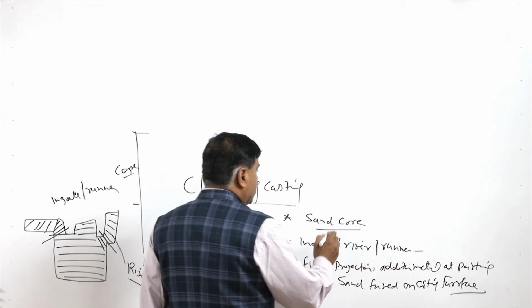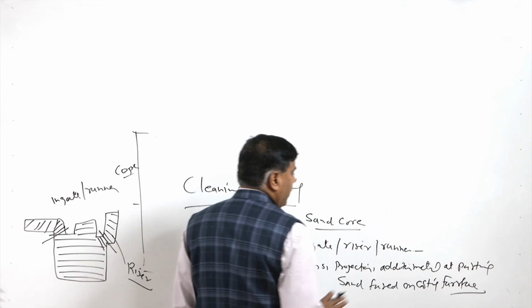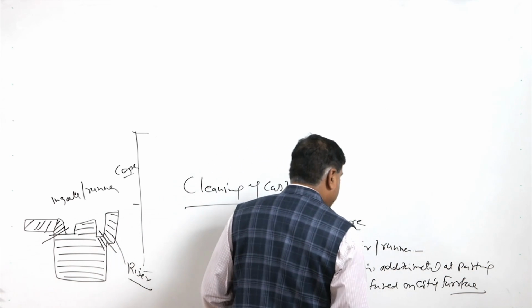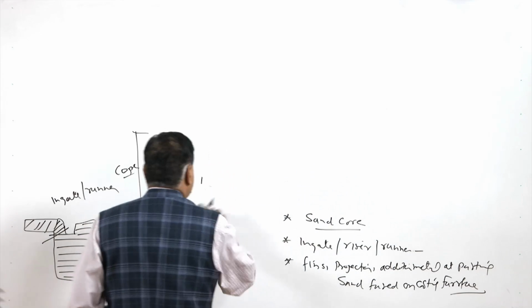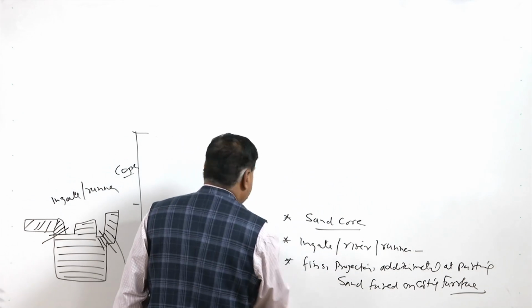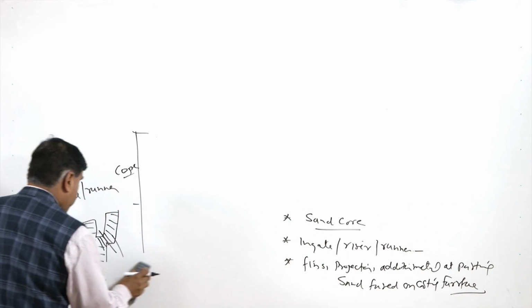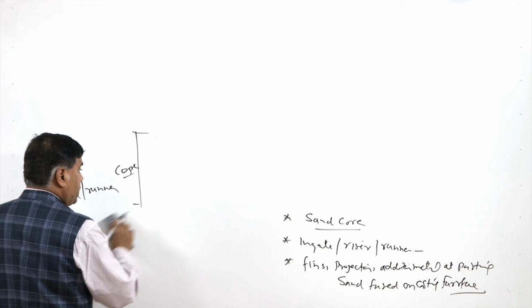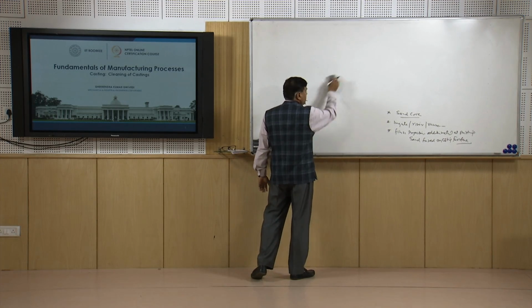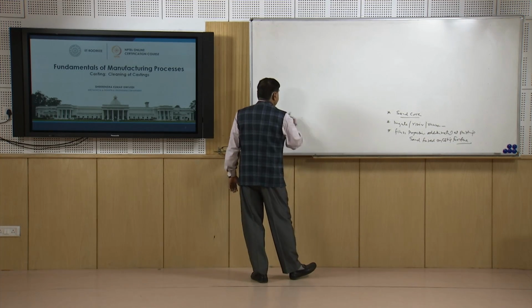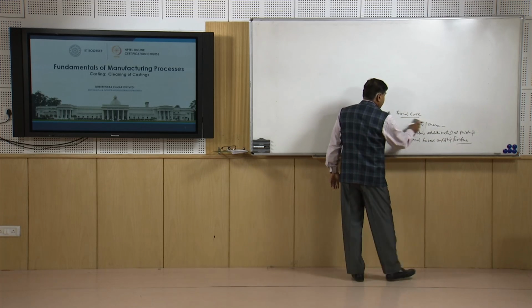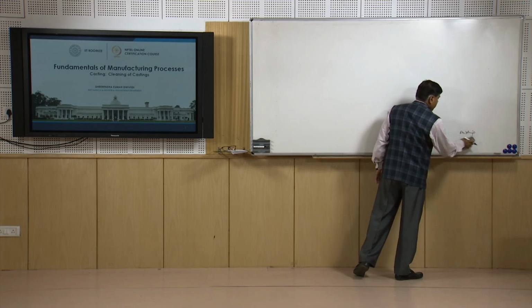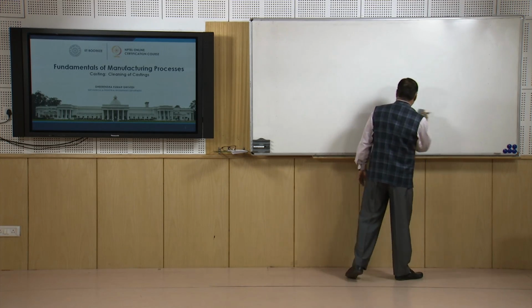So these are the things which need to be cleaned, need to be removed for proper cleaning of the casting, so that it can be used. So we will be talking one by one about the approaches which are used for cleaning of the casting, for taking care of these three aspects related with the cleaning of the casting.